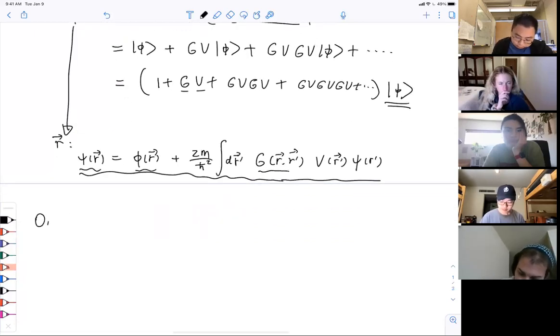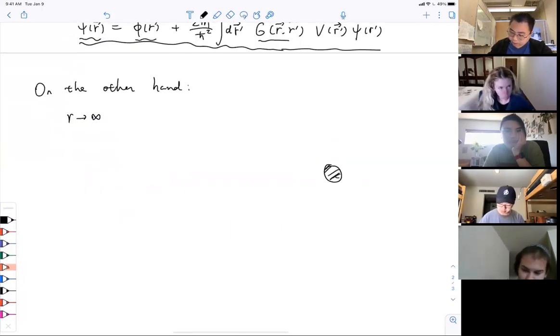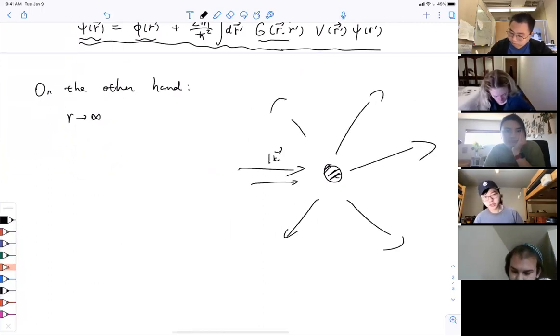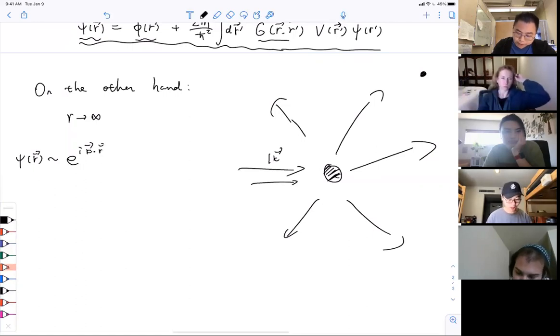On the other hand, we know that at infinity, let's look at this kind of scattering problem. This is the incoming wave. If we look at some point far away from the scattering potential, the wave function must be able to be written as a plane wave, corresponding to the incoming one, plus an outgoing spherical wave.